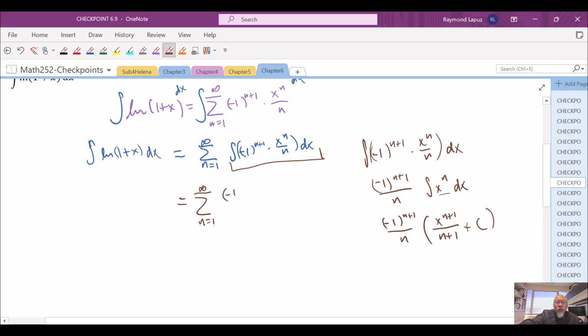We have -1 to the n plus first power over n, and this is an n plus 1 in the denominator as well, so let's attach that, and then we have x to the n plus 1. All right.